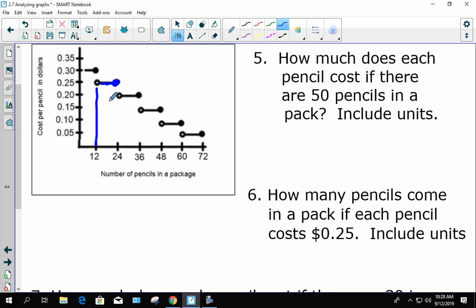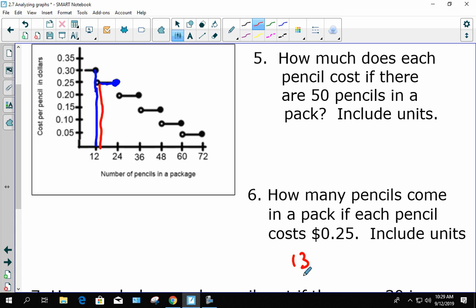No, no. If you tell me 12, that's wrong because the 30-cent pencils are at 12. This is right next to 12, so I'm just going to call that 13. Now, what about 12.1? Well, have you ever seen 0.1 of a pencil? No. So it's 13. So how many pencils come in a pack? If it's 25 cents, 13.